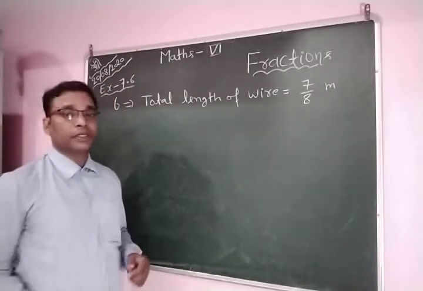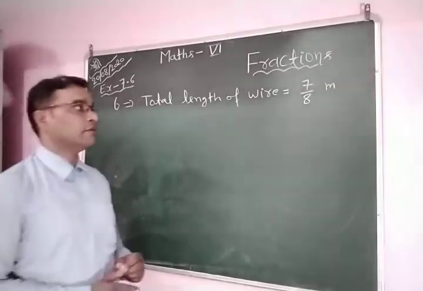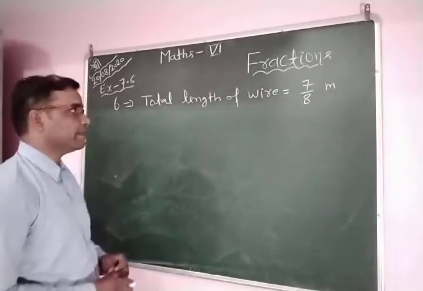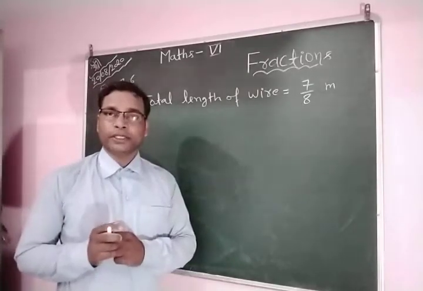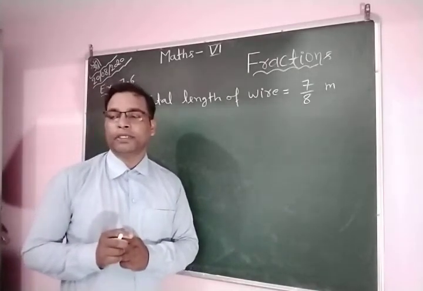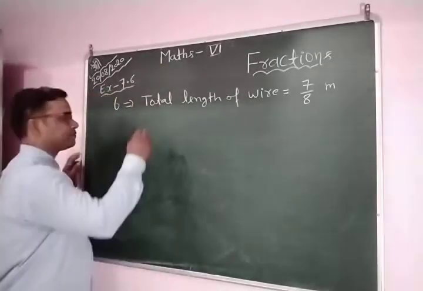Here the total length of wire is given as 7 by 8 meters, and we break this wire into 2 pieces. The length of the first part is given, 1 by 4 meter. The total length of wire is 7 by 8 meters.